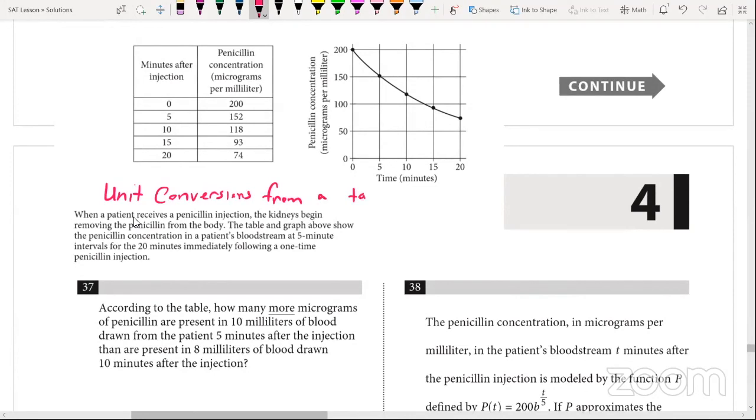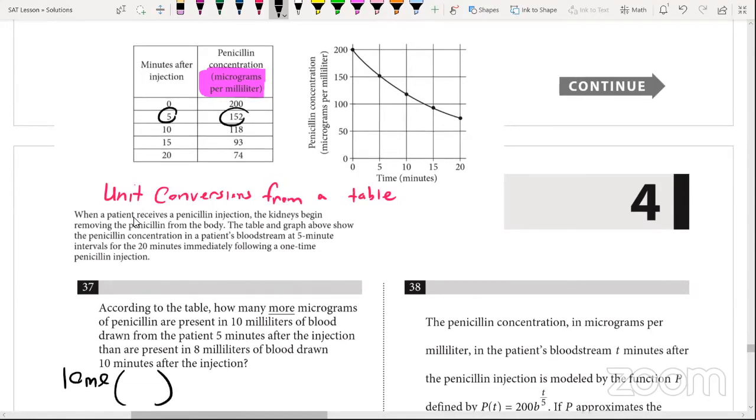It's actually quite interesting because I have a table of conversions, and everything here is talking about the number of micrograms per milliliter. This is telling you how to convert between micrograms and milliliters depending on the number of minutes after the injection. So there's a different conversion depending on how many minutes have passed since the injection. When we have 10 milliliters of blood, that blood was drawn 5 minutes after.